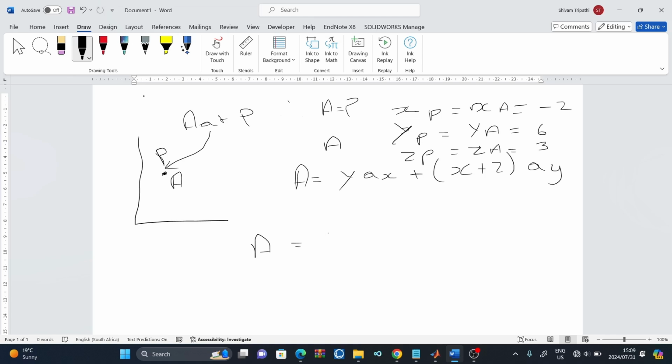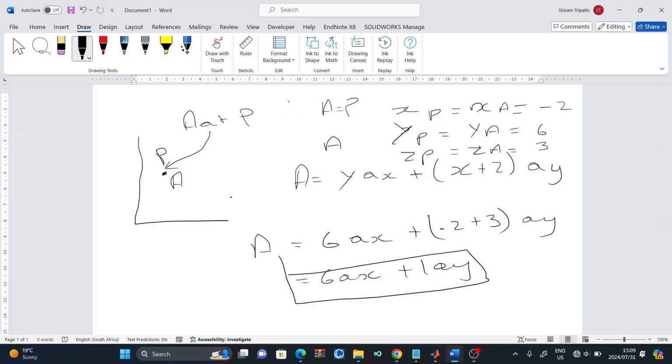So we can say our A of x is minus 2 plus 3 A of y. Then it's going to be 6ax plus 1ay. So now you get this value here. Now you use this in the formulas to calculate the spherical, cylindric, and Cartesian coordinates.